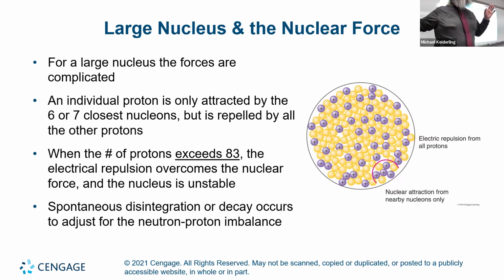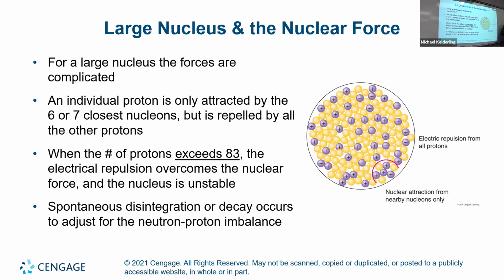But as you get higher, to be stable, you need more and more neutrons. And in fact, when the number of protons exceeds 83, the electrical repulsion will overcome the nuclear force, and the nucleus is unstable.